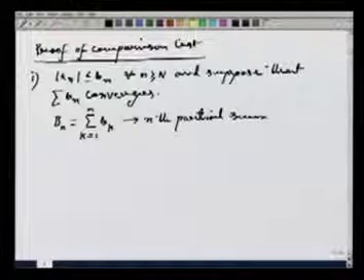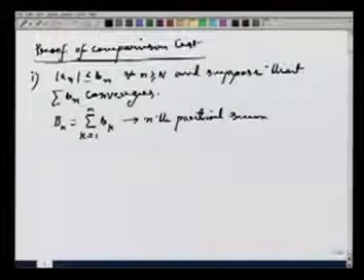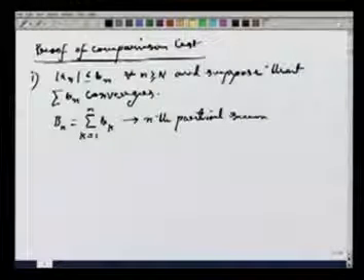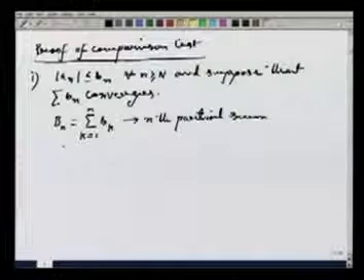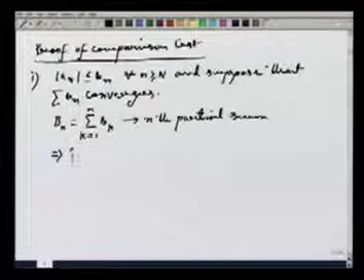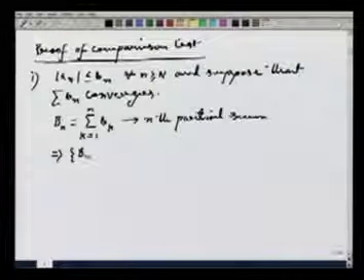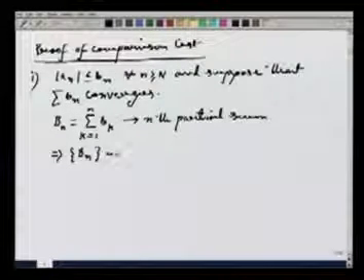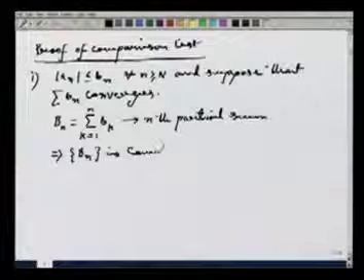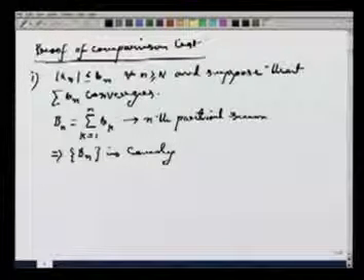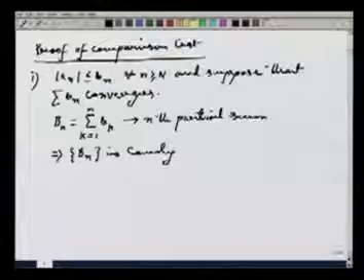Okay, now this would then imply that this sequence Bn is Cauchy, as my assumption is summation bn converges. That means the sequence of partial sums is a Cauchy sequence.